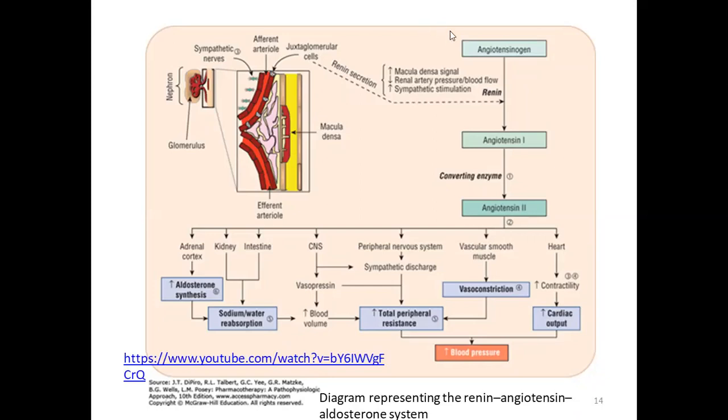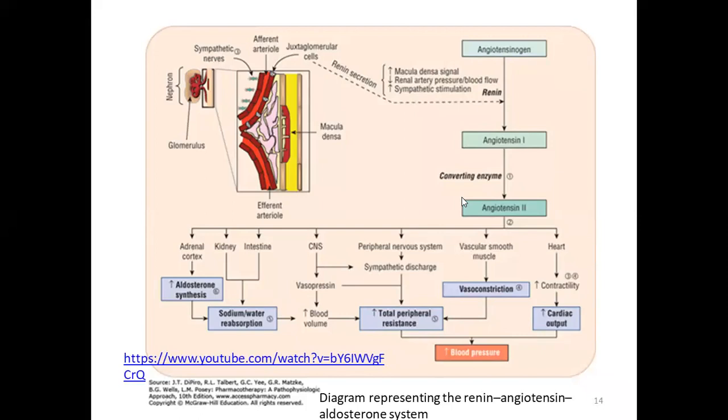Then this activates the conversion of angiotensinogen from the liver. Remember, angiotensinogen originates from the liver, then is converted to angiotensin 1. This angiotensin 1 is converted to angiotensin 2 by angiotensin converting enzyme. This converting enzyme is very important to convert angiotensin 2.